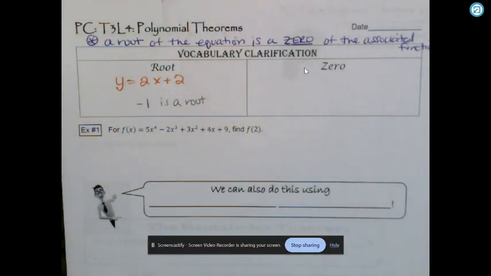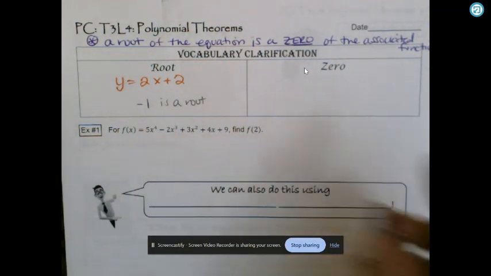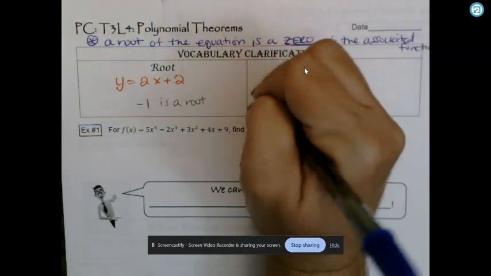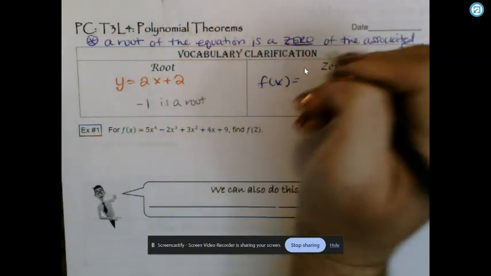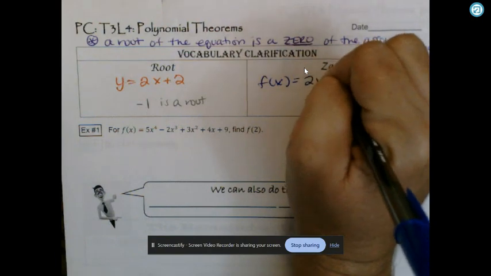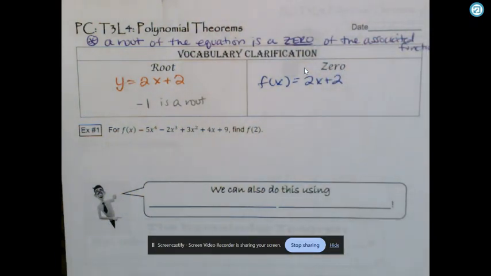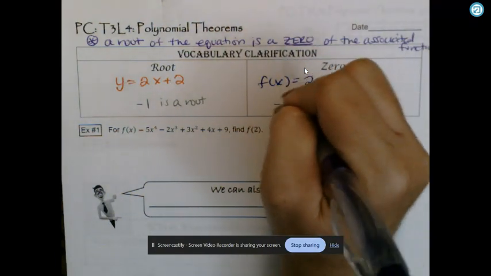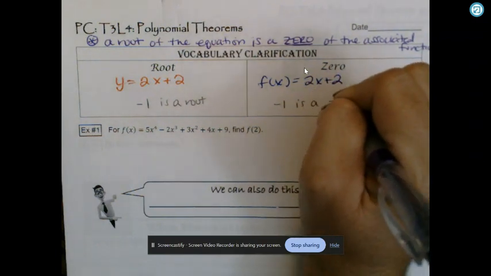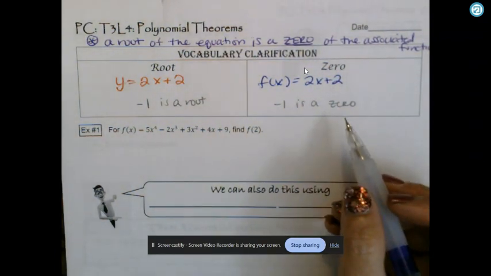However, if we turn this equation over here into a function, we do that with our f of x, and then we solved it out. Now we would say that -1 is a zero.